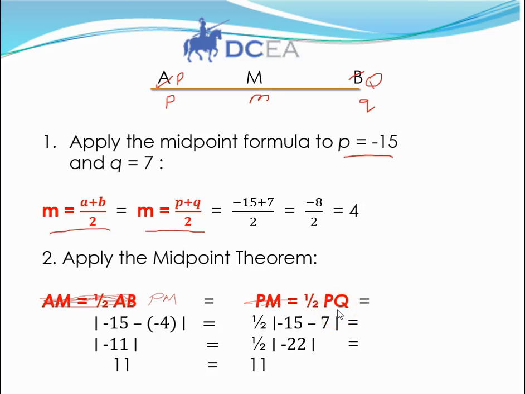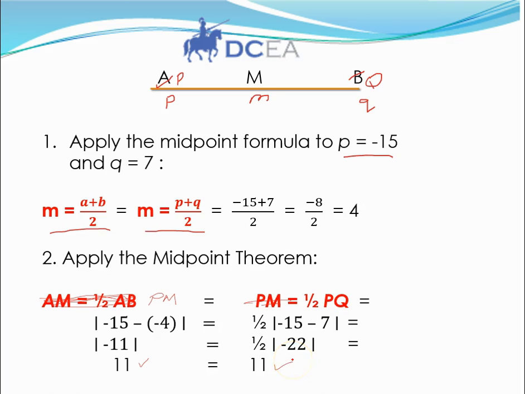So the distance, PM, is the absolute value of a minus b, which is 11. And the midpoint theorem, 1/2 PQ, would be negative 15 minus 7, which we saw up here, divided by 2 or multiplied by 1/2, which is also 11.